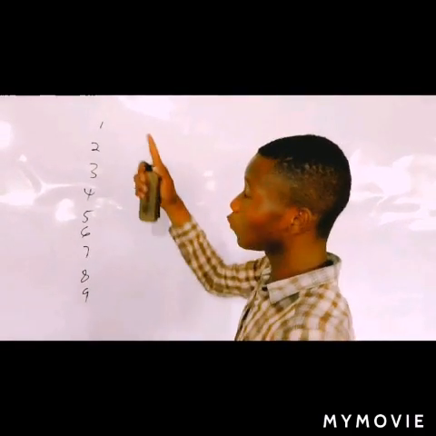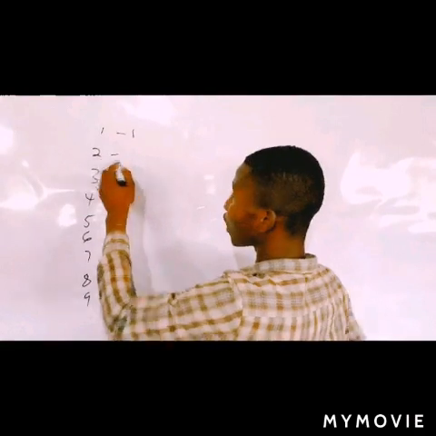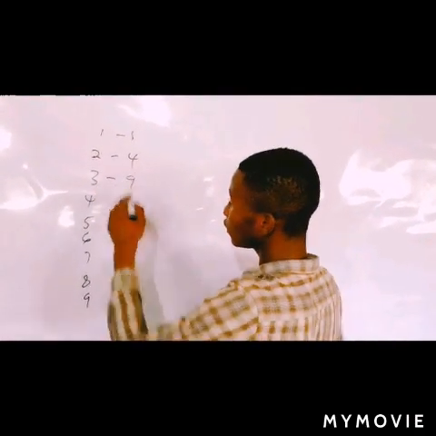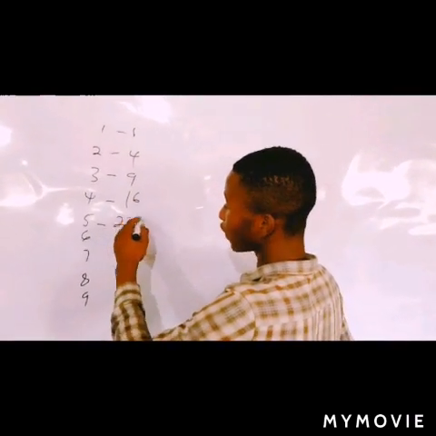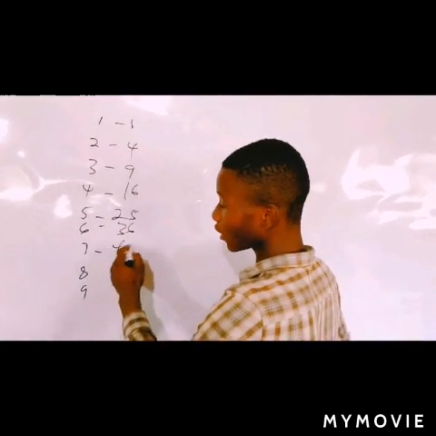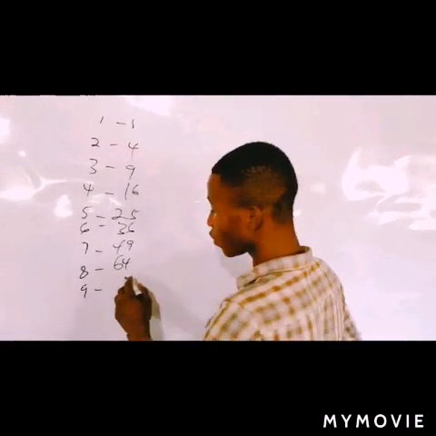The square number of 1, as we know, is 1. The square number of 2, as we know, is 4. The square number of 3 is 9, 4 is 16, 5 is 25, 6 is 36, 7 is 49, 8 is 64, and 9 is 81.